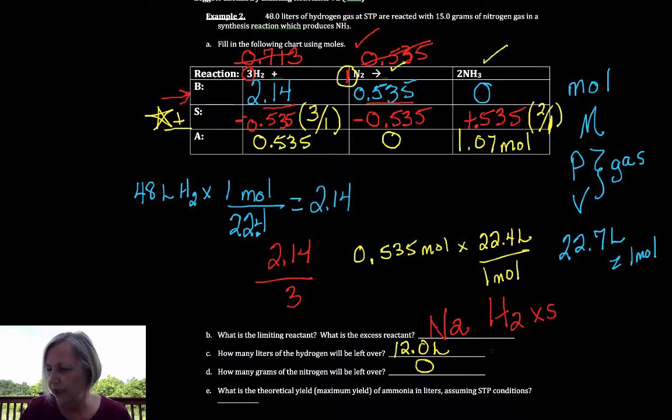So I had 12.0 liters of hydrogen, and then it asked me the theoretical yield of ammonia in liters, assuming STP. So this is assuming we can somehow siphon off the ammonia separately from the hydrogen. That's why I said I took it out of a book somewhere, and I think it's a little awkward, but we're going to run with it.